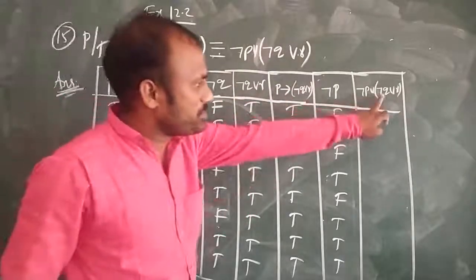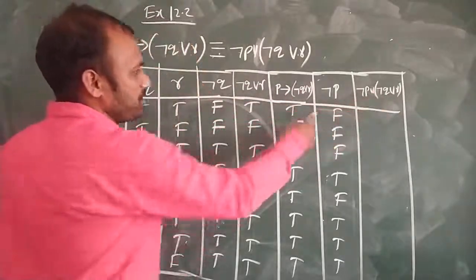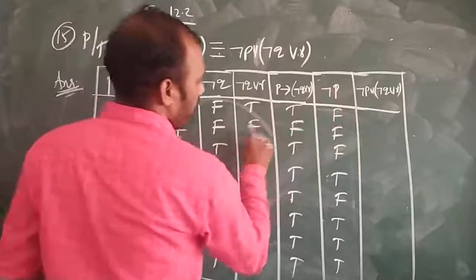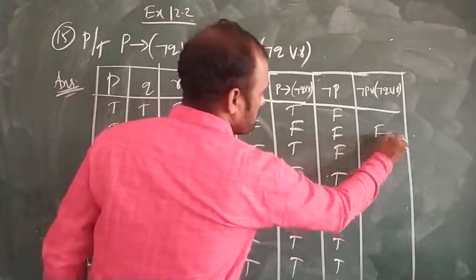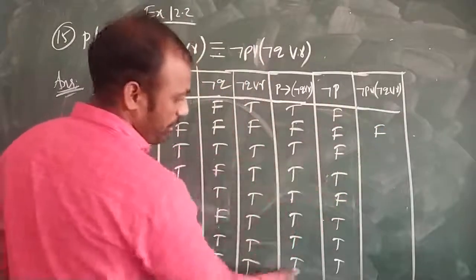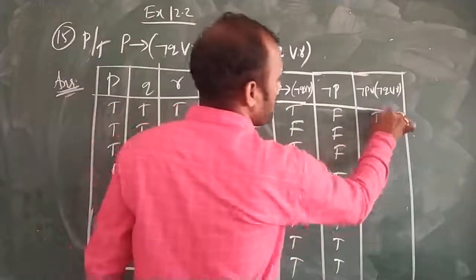So the OR operation states that whenever both are false it is false, remaining cases it will be true. So where false false is there, it will be false. Remaining all cases it will be true.